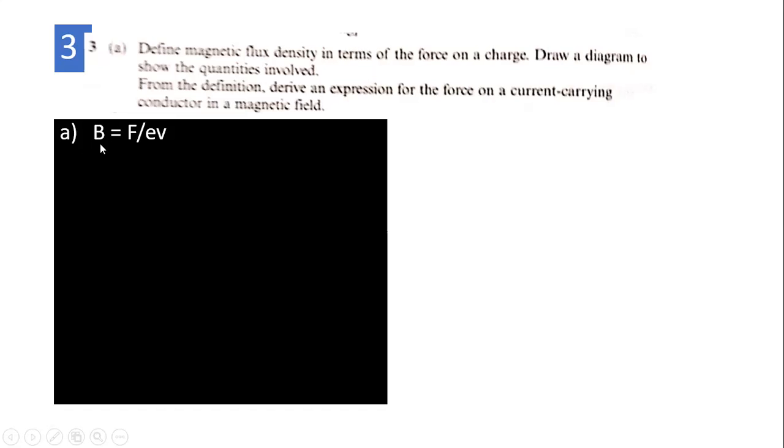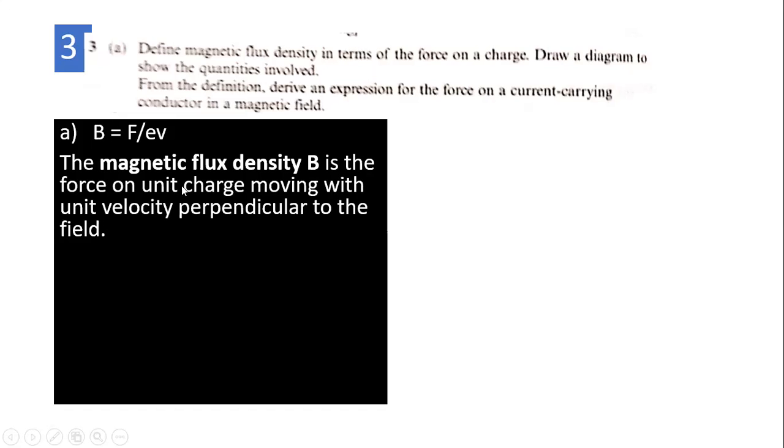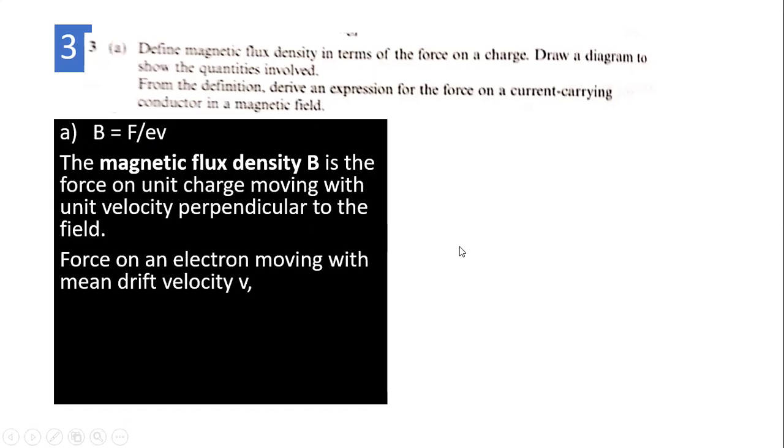So basically the magnetic flux density B is the force on unit charge moving with unit velocity, and this formula is for velocity perpendicular to the field, that's all. From the definition, derive an expression for the force on a current carrying conductor.